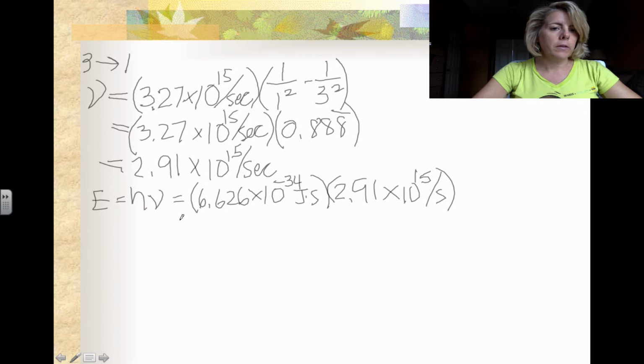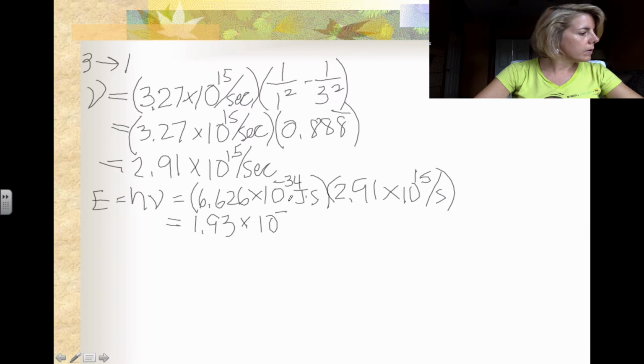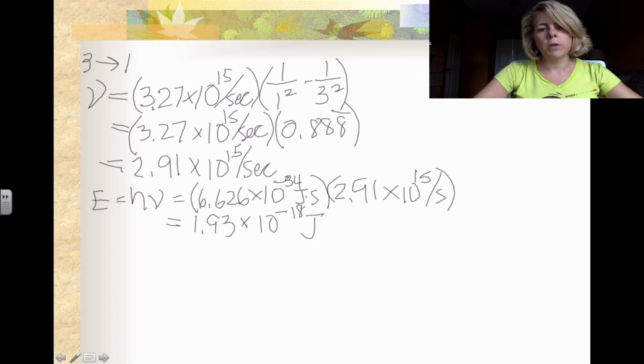And when you multiply those two together, you get 1.93 times 10 to the negative 18 joules. So it's still pretty small. Now remember, if you were to add a negative 34 to a positive 15, it'll be approximately a negative 18.